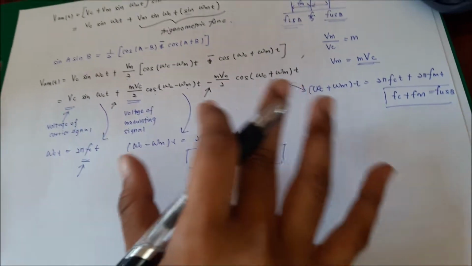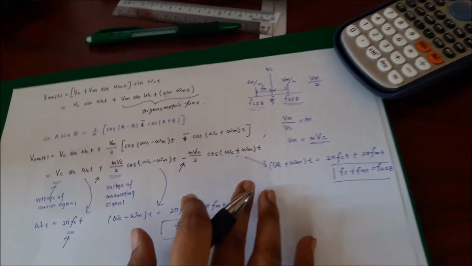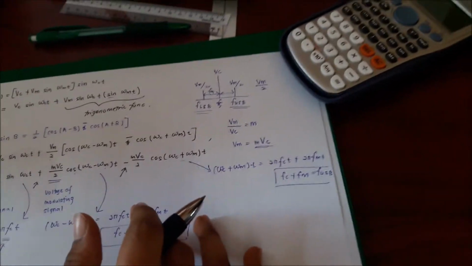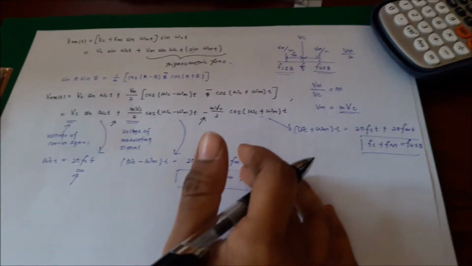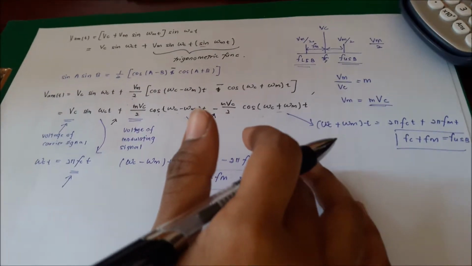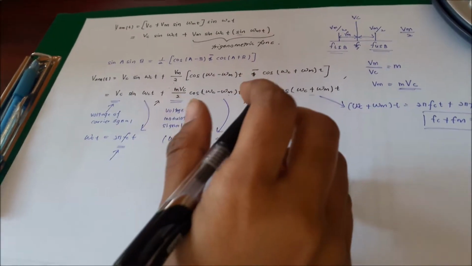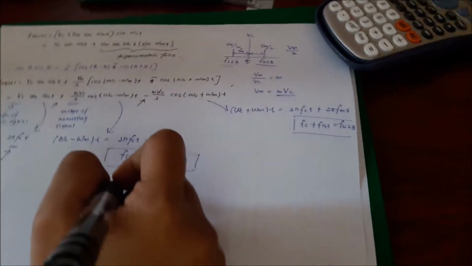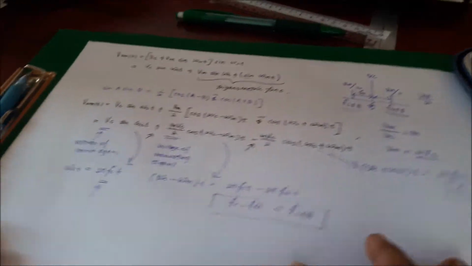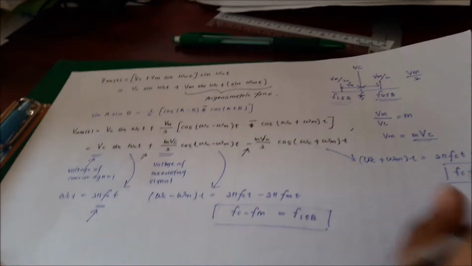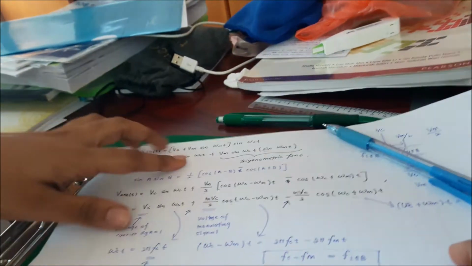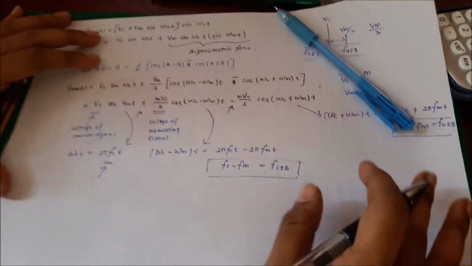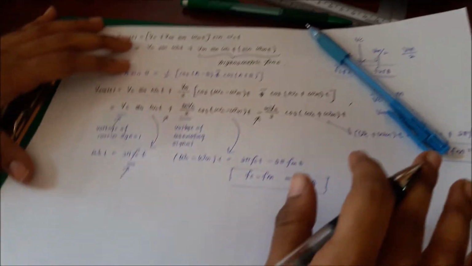Okay, so done with the expression of the modulated signal, the modulated wave. Now I'm going to explain the sub formulas that come from here. So now how do we find our maximum voltage?